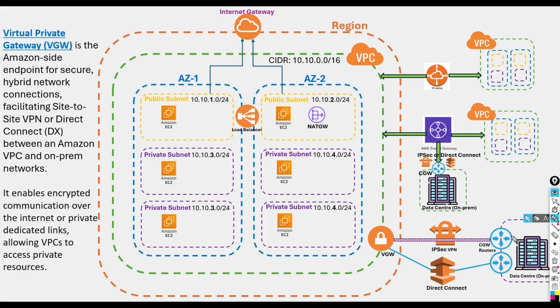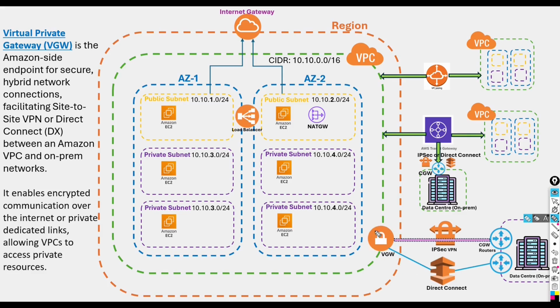Majorly it's a router or firewall on the edge of the on-premise data center. It enables encrypted communication over the internet or private dedicated links, allowing the VPC to access private resources. It does the same job as the transit gateway, but transit gateway is more flexible and can connect multiple things like VPCs and on-premise data centers as well.